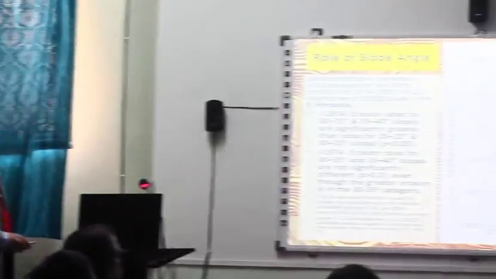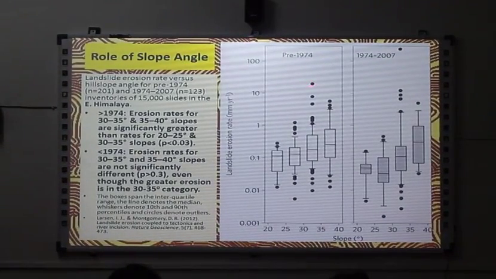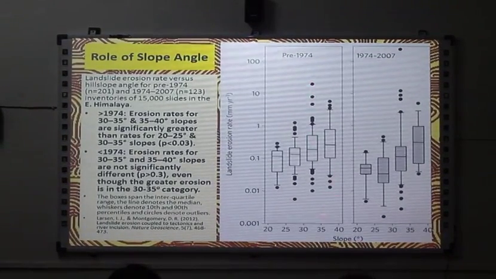You can see in each category the average is increasing in the pre-74 survey, but it doesn't mean every landslide on the lower slope is going to be smaller than one on the bigger slope.